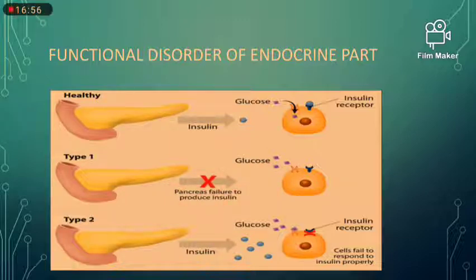But in type 2 diabetes mellitus, the insulin is occupied by some autoimmune antibody-like structures, and hence the insulin receptor cannot be attached with the insulin, and the glucose is not metabolized through insulin.